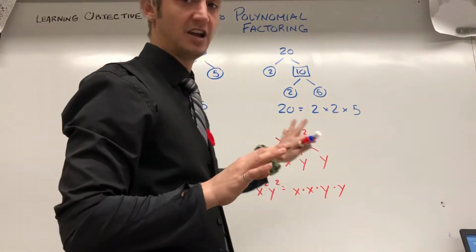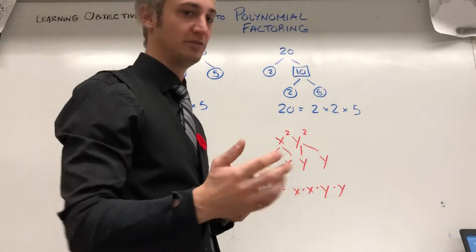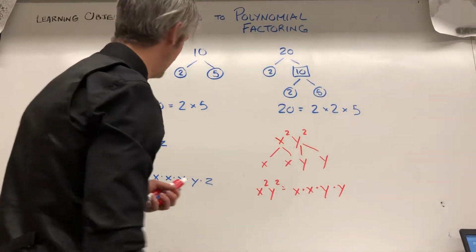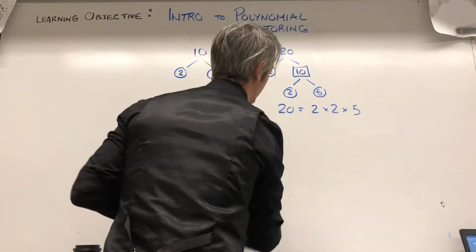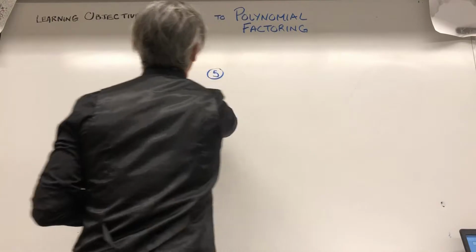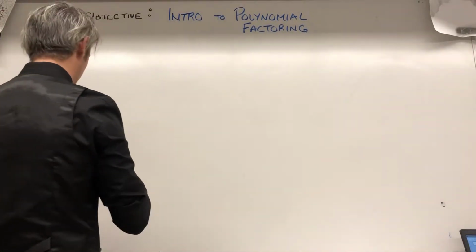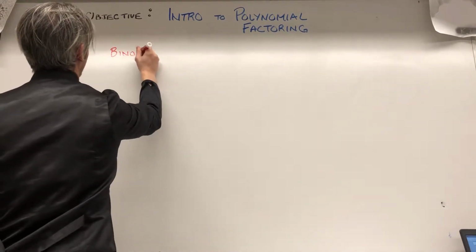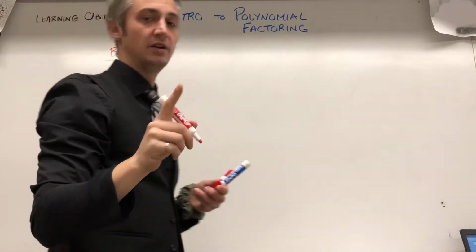And step one is just doing this prime factorization approach, where we pull out whatever we can. So what does that look like? We're going to start with binomials, which are just expressions with 2 terms in them, separated by 1 addition or subtraction.